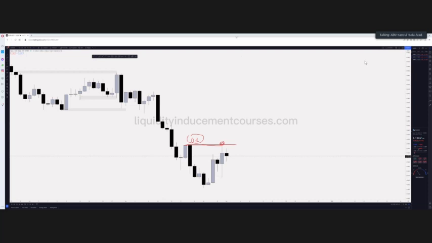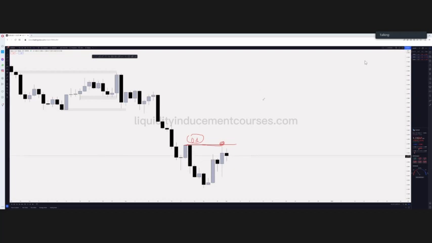Now, let me quickly draw this out for you guys. If you have a daily liquidity grab, for example, let me use this as an example, the way it is here.